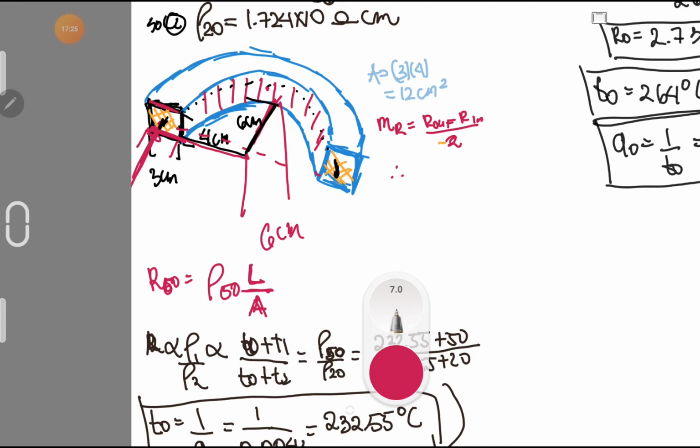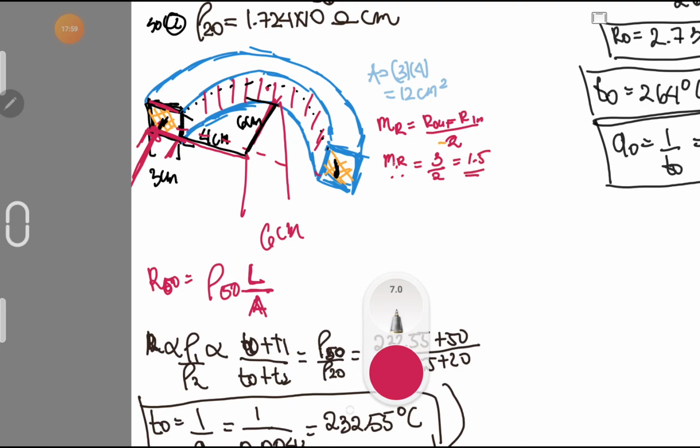So we may say that r out minus r in divided by 2 is the median radial, median thickness nya. So mr is equal to the radial thickness, the difference between the outer and the inner radius. So therefore 3 divided by 2. So mr or the median thickness is equal to 1.5.